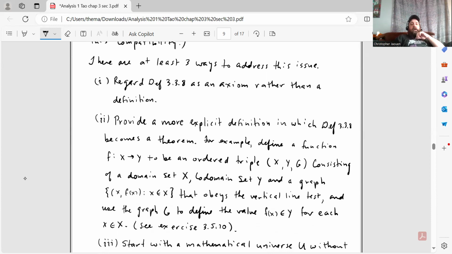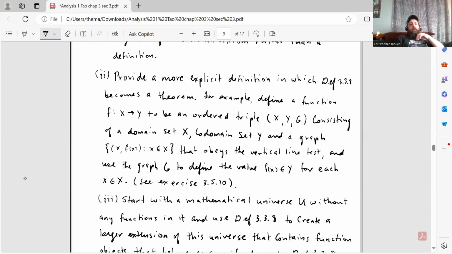Possibility 1, we could regard definition 3.3.8 as an axiom rather than a definition. Or option 2, provide a more explicit definition in which definition 3.3.8 becomes a theorem. For example, we could define a function f from X to Y to be an ordered triple (X, Y, G) consisting of a domain set X, codomain set Y, and graph G, which is the set of all ordered pairs (x, f of x), where x is in X, that obeys the vertical line test.